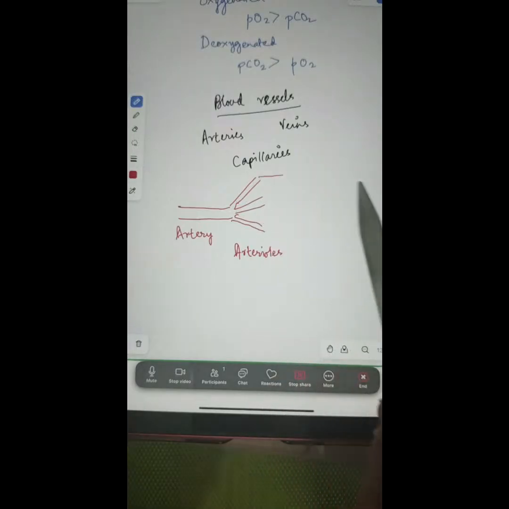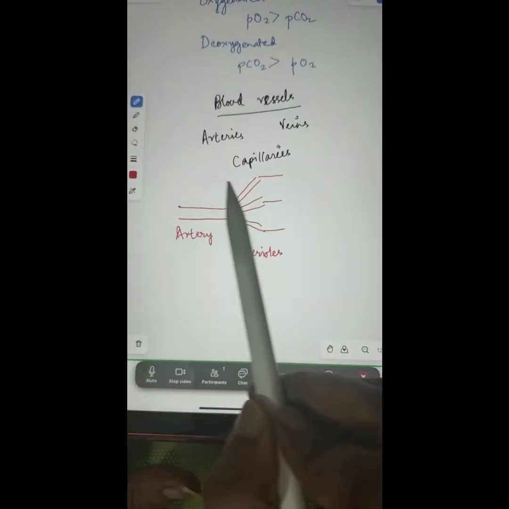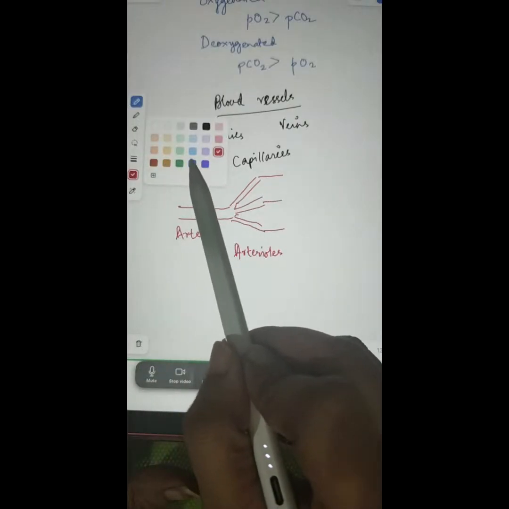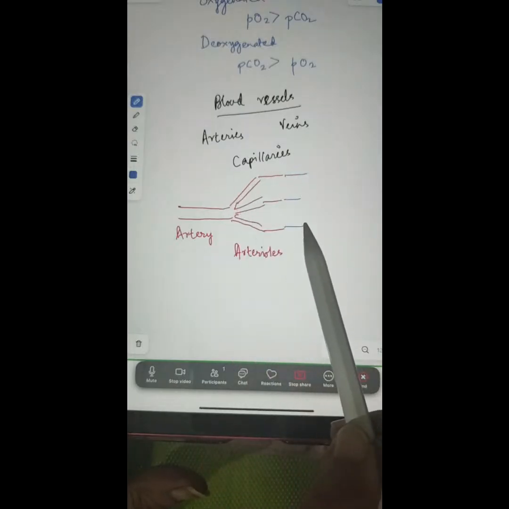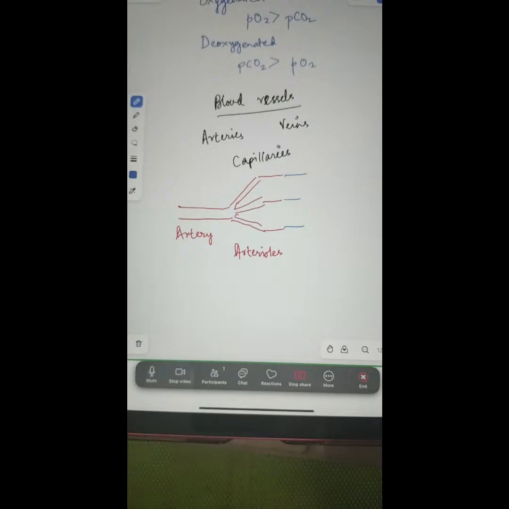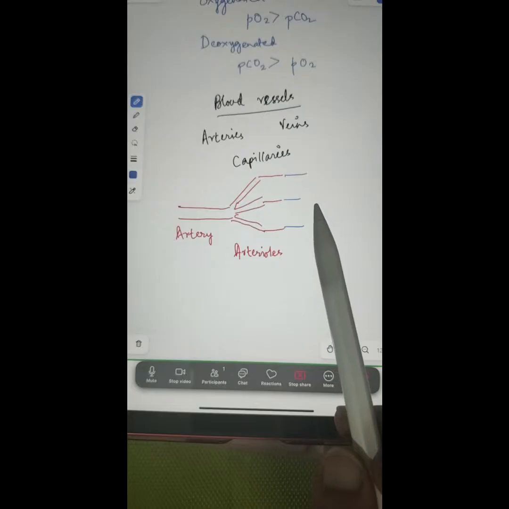Now these arterioles form capillaries further. These capillaries are shown by two colors, red and blue, just to demarcate that oxygenated blood is depicted by red and deoxygenated blood is depicted by blue.